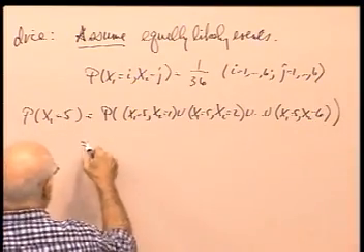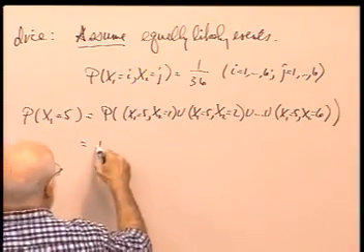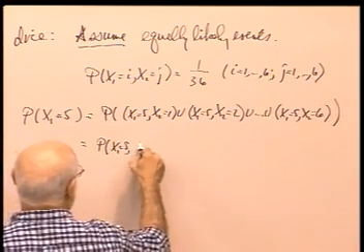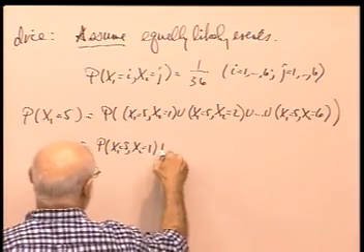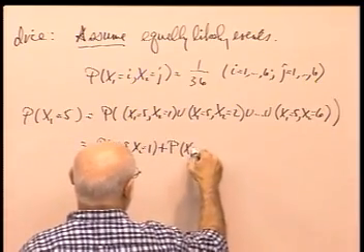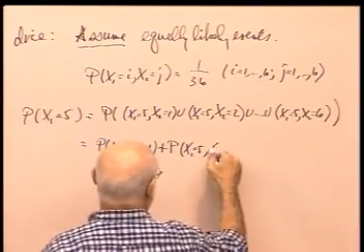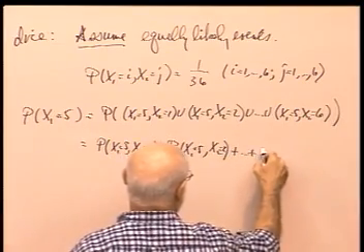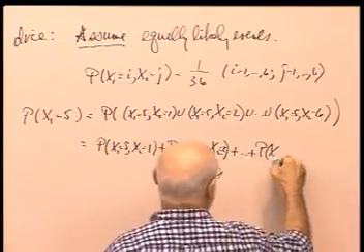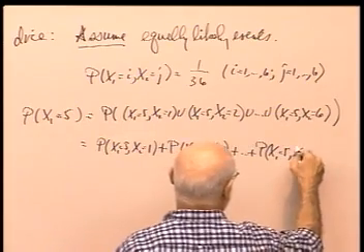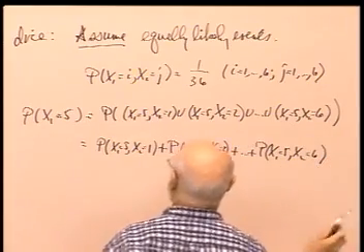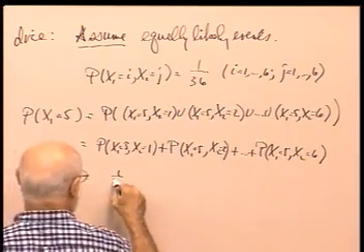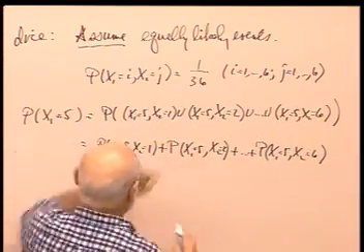Since those events are mutually exclusive, that's the probability that x1 is equal to 5 and x2 is equal to 1, plus the probability that x1 is equal to 5 and x2 is equal to 2, and so on, up to the probability that x1 is equal to 5 and x2 is equal to 6. And each of those has probability 1 over 36 by my original assumption.